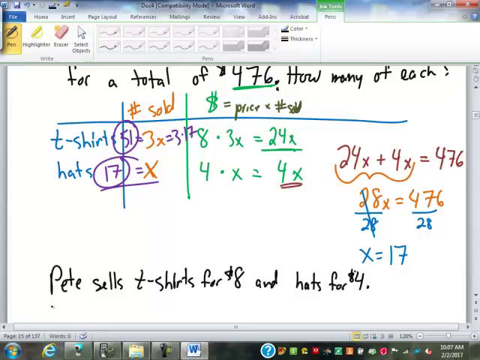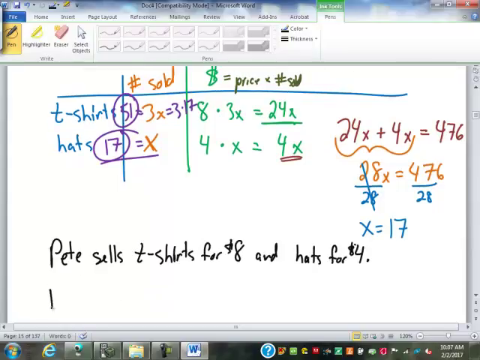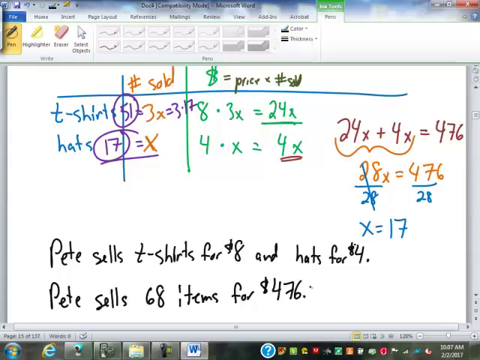However, this time Pete sells 68 items for a total of $476. Again, how many of each did Pete sell?